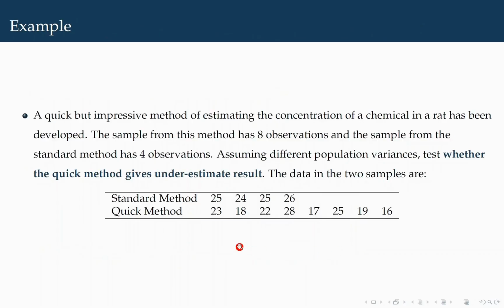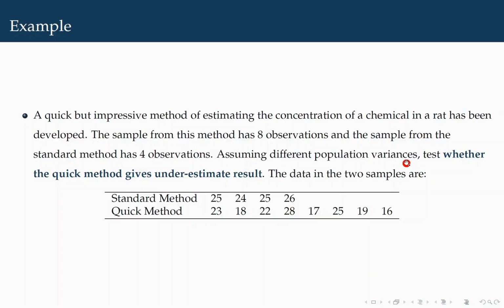So now let's consider this example. A quick but impressive method of estimating the concentration of a chemical in a rat has been developed. The sample from this method has 8 observations, and the sample from the standard method has 4 observations.